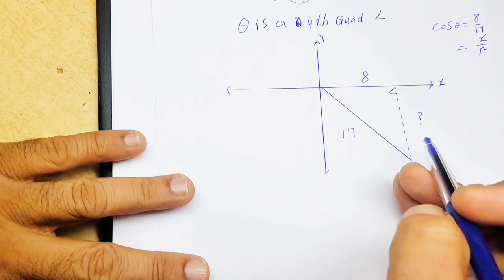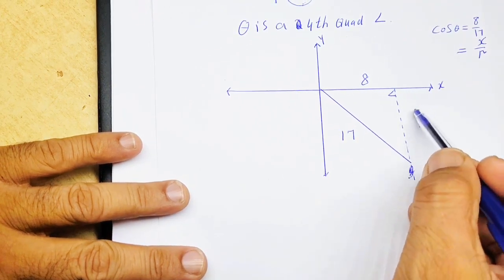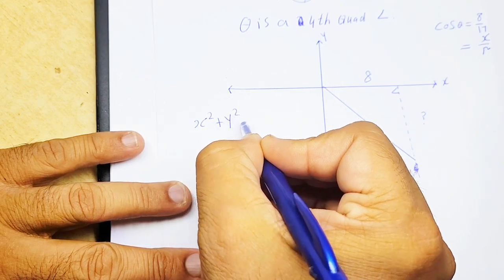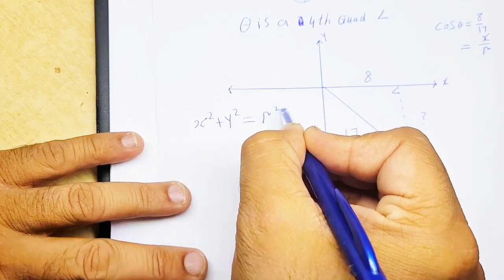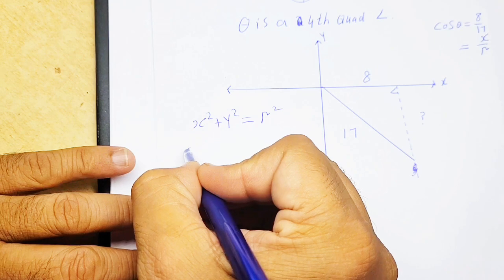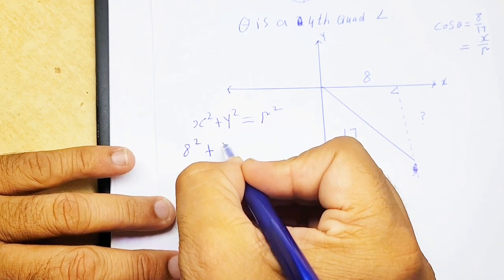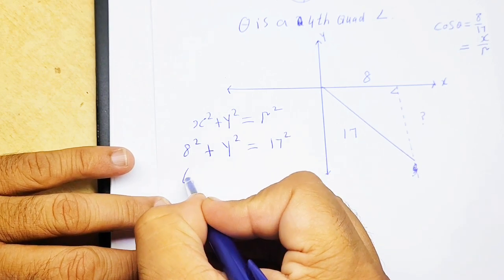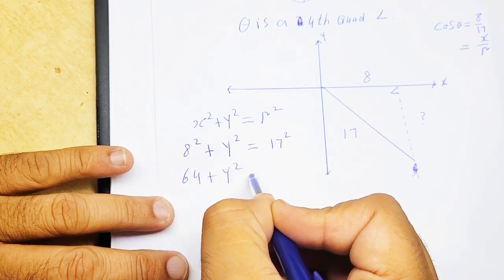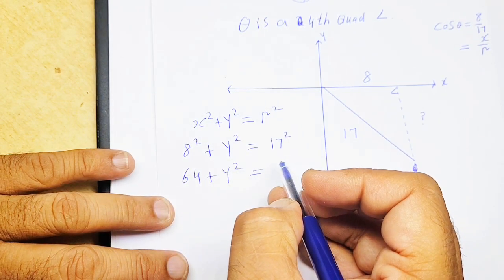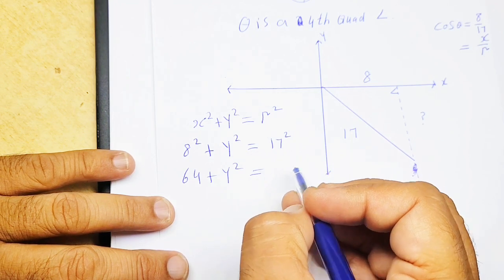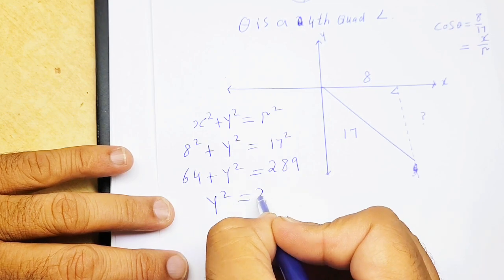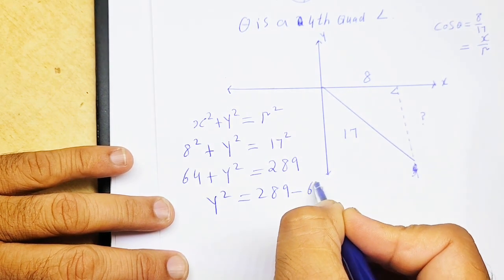Now we need to find the y value, and obviously we're going to use Pythagoras. So x square plus y square is equal to r square. Which means x is 8 square, y we don't know, and r is 17 square. So 64 plus y square equals 17 square, which is 289, and y square is 289 minus 64.